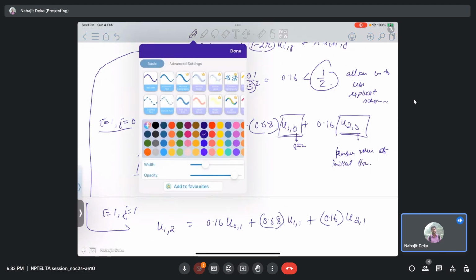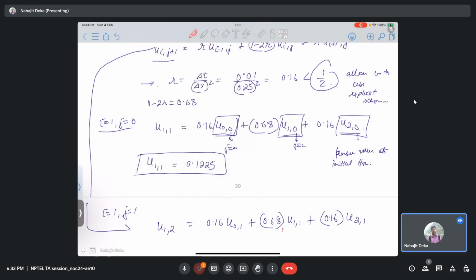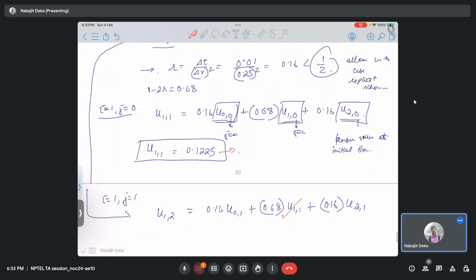So what are the known values here? u(1,1) we just found out. To find this u(1,2) we need u(0,1) and u(2,1).